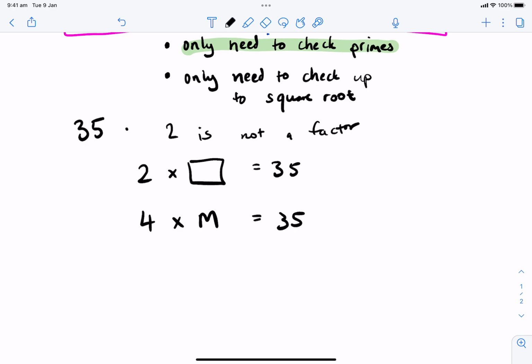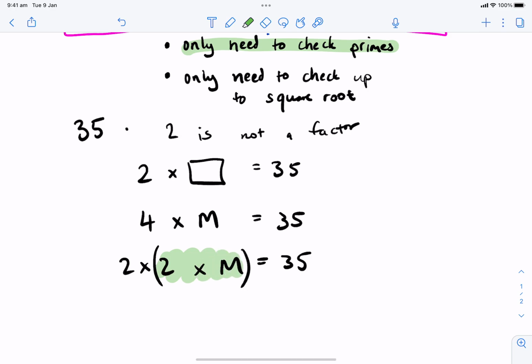But then, because of how multiplication works, that would also mean that 2 times 2 times that number equals 35. With multiplication, we have associativity and all those kinds of things. So there must be some other factor that 2 would be a factor of. This saves us a lot of time: we only need to check those primes.